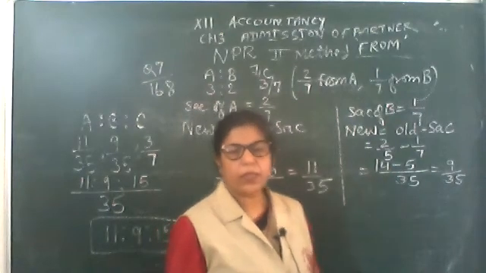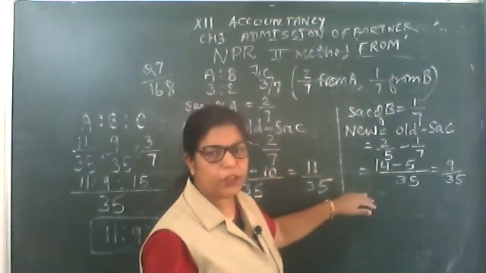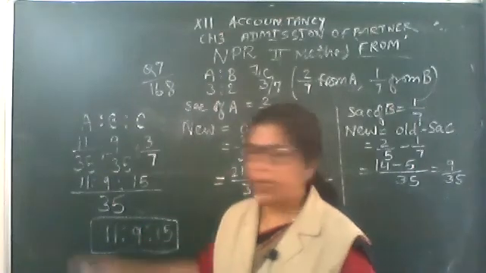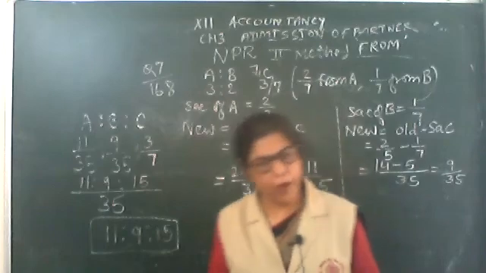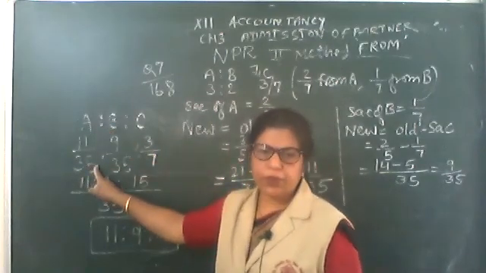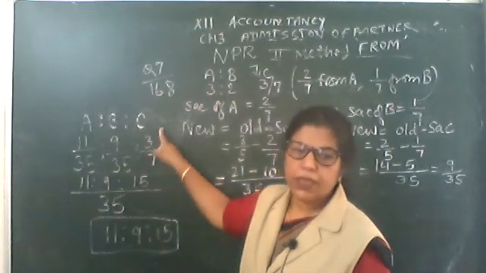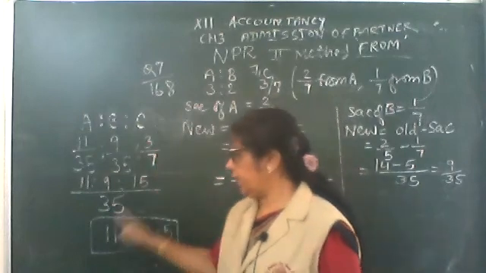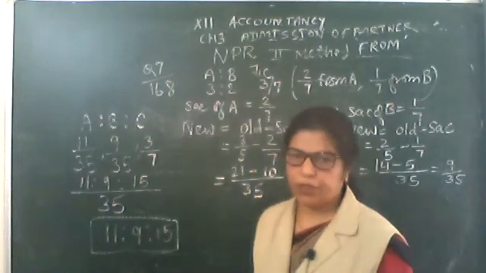Very good. But this is the share of A and this is the share of B. For the new profit ratio, we have to keep all the partners together with the new partner. Here A's share is 11/35, B's share is 9/35, C's share is 3/7, and you will get the answer 11, 9 and 15.